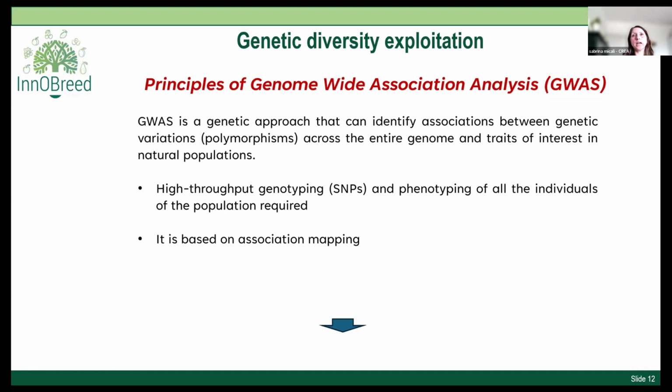It requires high-throughput genotyping, so genotyping through SNPs, and also phenotyping of all the individuals of the population. And it is based on association mapping.